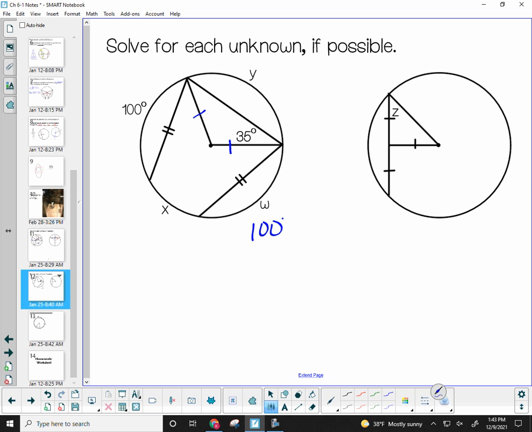So I have 35 and 35, which then I can find my missing angle of my triangle. That has to be 110 degrees. If I know my central angle, then I know my arc has to be 110 degrees. All my arcs added up around the circle have to equal 360. So if I add up what I have, 310, 360 minus 310 gives me 50 degrees.